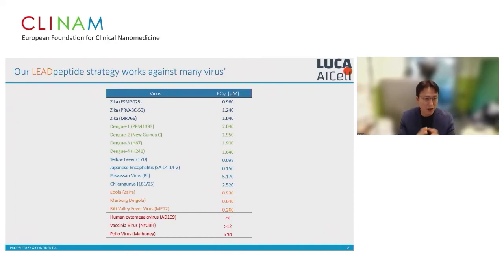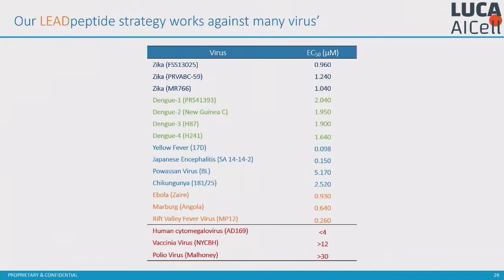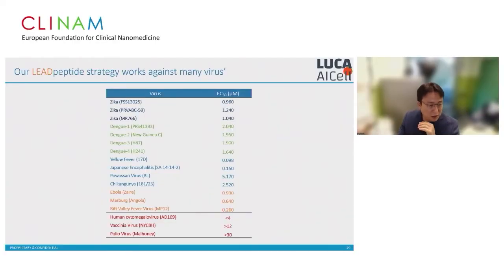With this new design, you can see the EC50 is very consistent across various lipid envelope viruses, including Zika, different serotypes of dengue, yellow fever, JV, chikungunya, and so on. This can potentially be a future solution.